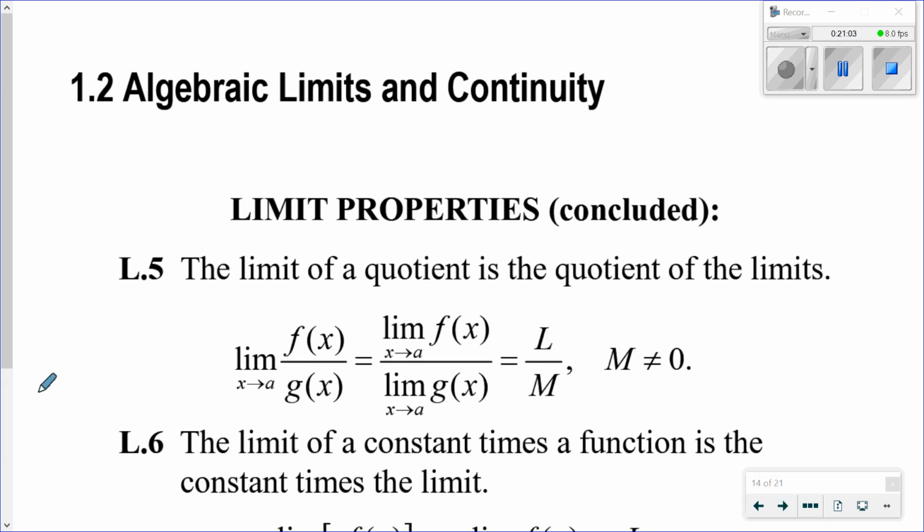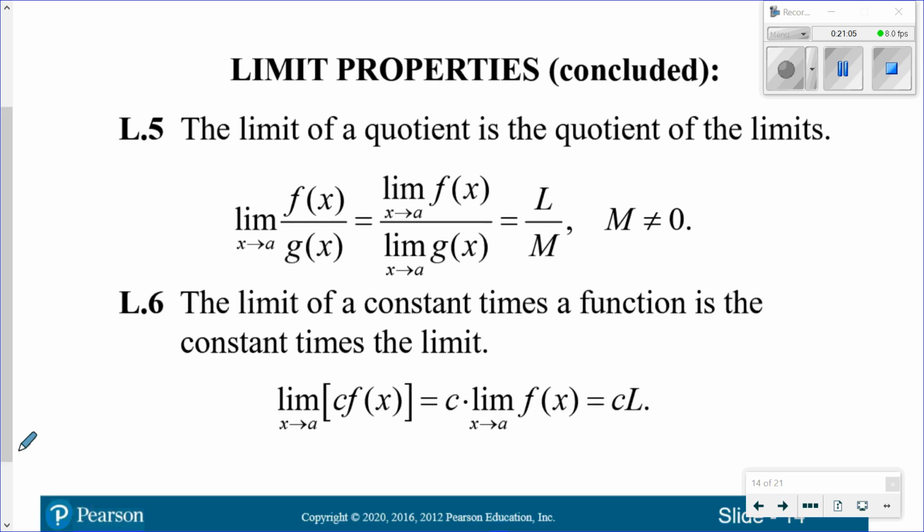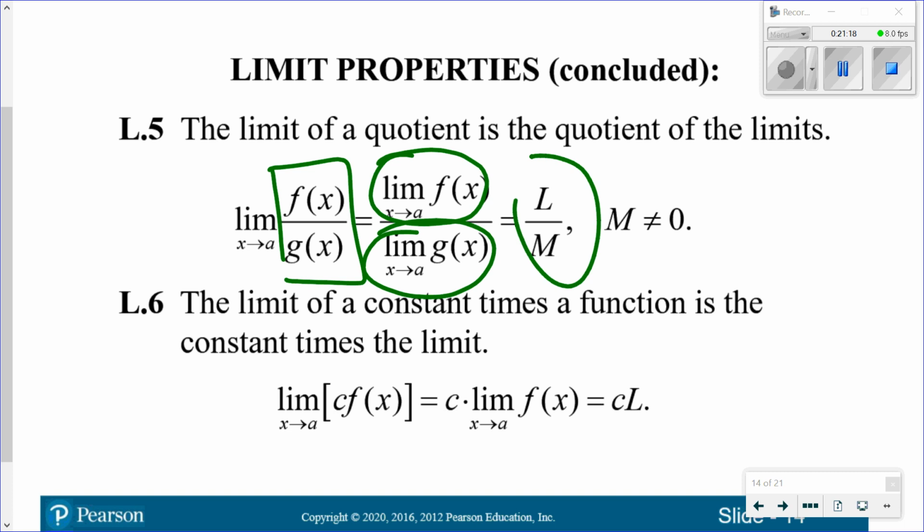And the quotient, so a fraction. The limit of a quotient is the quotient of the limits, meaning if I have a fraction I'm trying to take the limit of, I can take the limit of the numerator and the limit of the denominator and divide those after I take the limits.